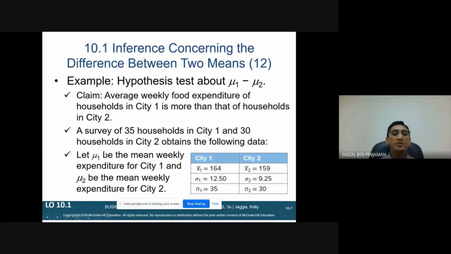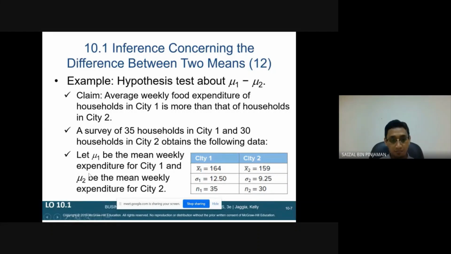A survey of 35 households in city 1, and in this case, you can see that our sample sizes are not equal for both samples. The survey for city 1 has 35 households, while the survey conducted on city 2 has 30 households. So the sample size for city 1 is 35. The sample size for city 2 is 30 households.